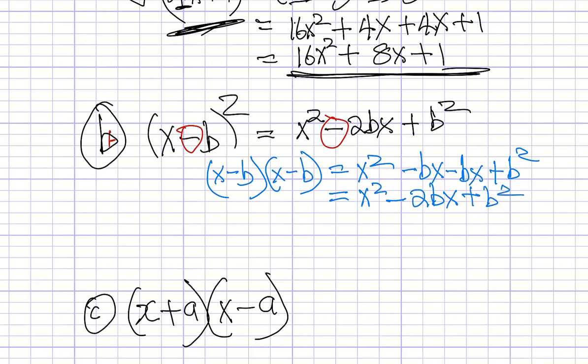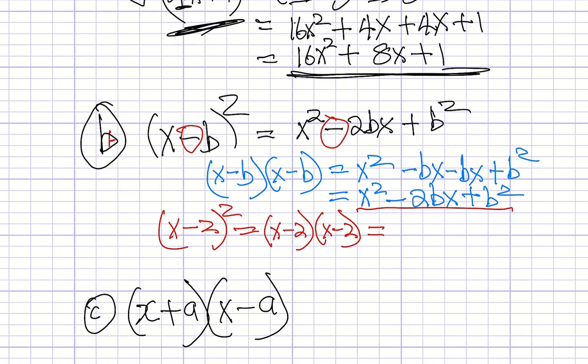Let's give you a concrete example. We'll say x minus 2. You can put it in this form, but you can just multiply it out. x minus 2 times x minus 2. It's x squared, x times minus 2 gives you negative 2x, and then negative 2 times x, negative 2x, and negative 2 times negative 2 is plus 2 squared.